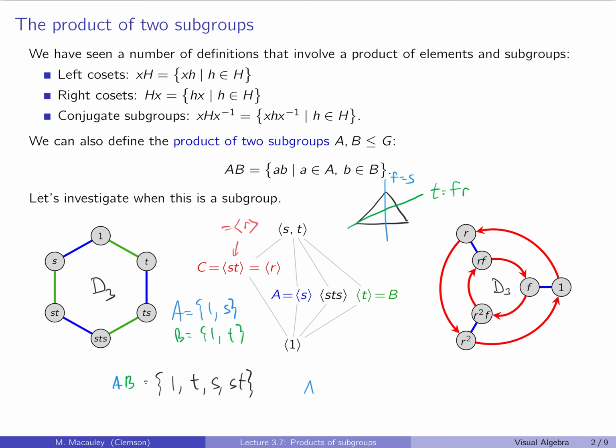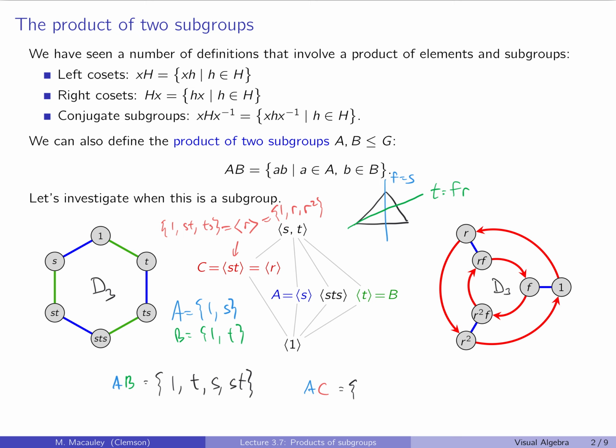And then if we take AC, C is the 3 rotations, so we can write that as 1, ST, TS, or it might be easier to think of this as 1, R, R squared. I think for this one it's easier to use this generating set over here. So something in A times something in C, we have 1 times 1, 1 times R, and 1 times R squared.